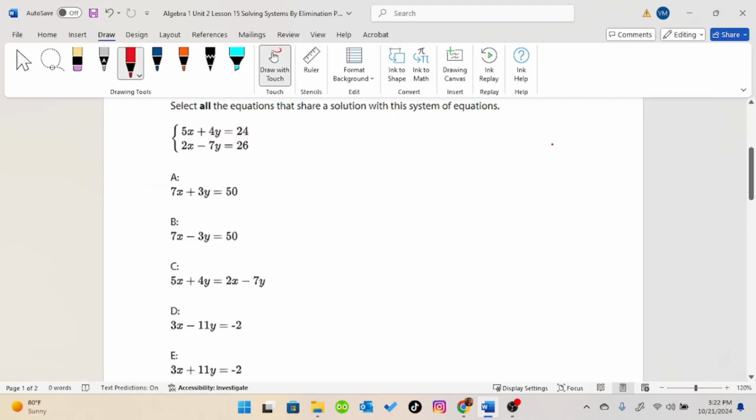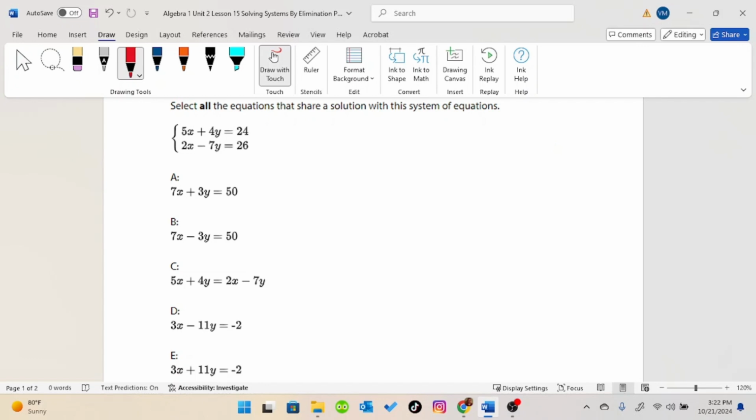Our next practice problem says select all the equations that share a solution with this system of equations. So here are some tips for how I would go about solving this.